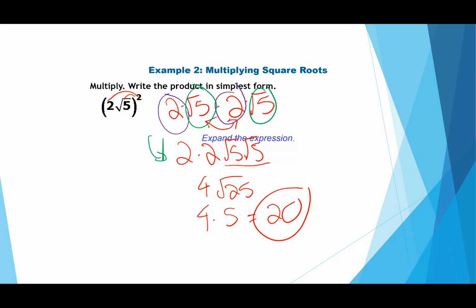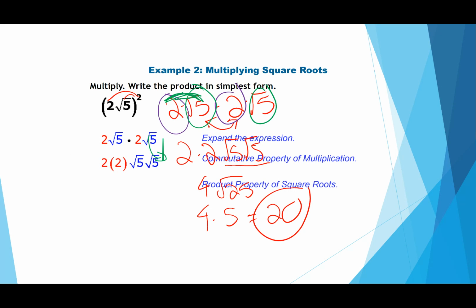But yeah, if it's not in a radical, you can multiply them together. If they're in radicals, you can multiply them together. You just can't multiply outside to inside. So you can't multiply the 2 and the 5 together like here because 2's on the outside, 5's on the inside. Only multiply what's on the outside with what's on the outside and what's on the inside with what's on the inside.